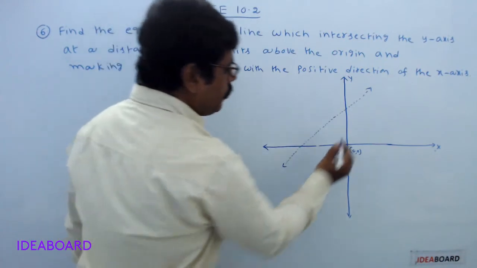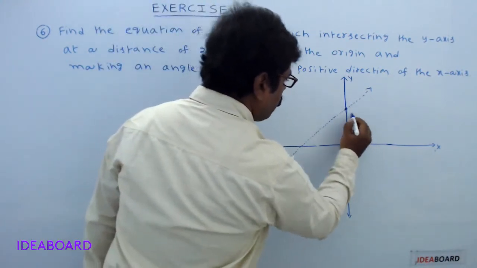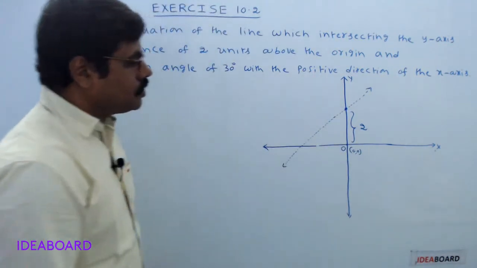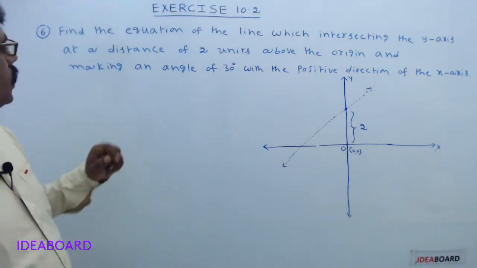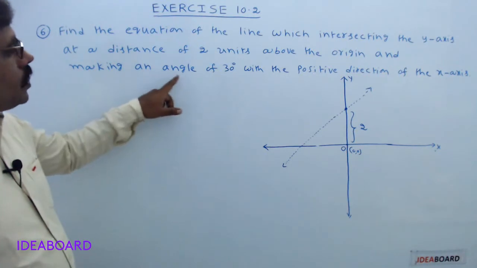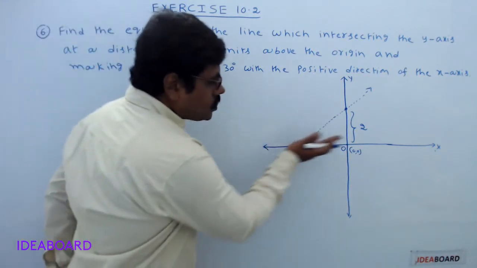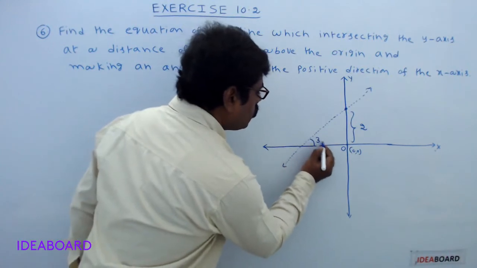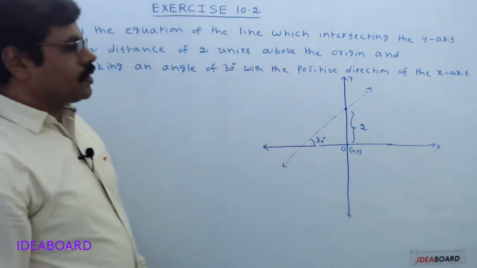Suppose this line intersects the y-axis at a distance of 2 units above the origin, and one more condition is there, which is making an angle of 30 degrees with the positive direction of x-axis. So this angle will be given as 30 degrees.